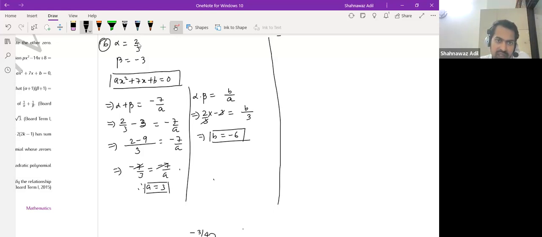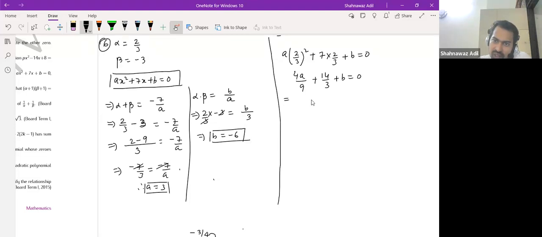This is the solution of the equation. So I'll get a times 2 by 3 squared plus 7 times 2 by 3 plus b equals 0. Right, so this is 4a by 9 plus 14 by 3 plus b equals 0.